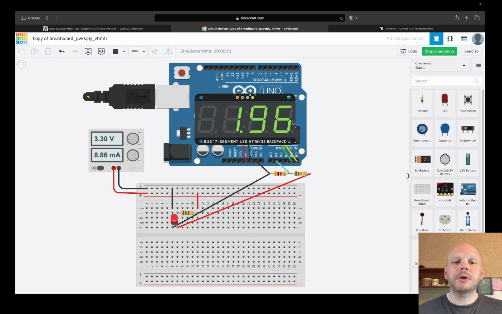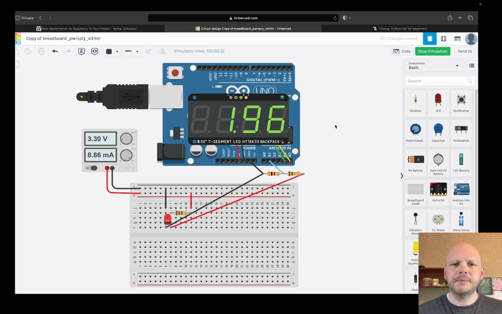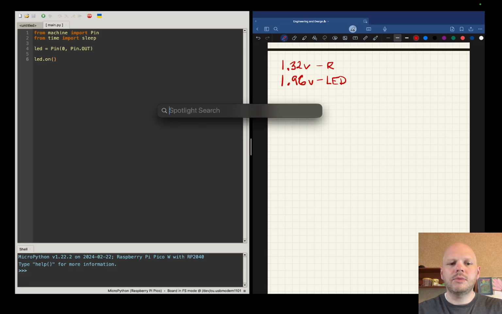And the voltage drop across our LED is 1.96 volts. And I think for the one we calculated, it was 1.7 something volts. So this LED is a little different. So 1.96 volts for our LED. Now, let's add those two numbers together.